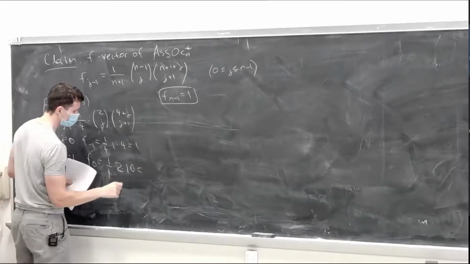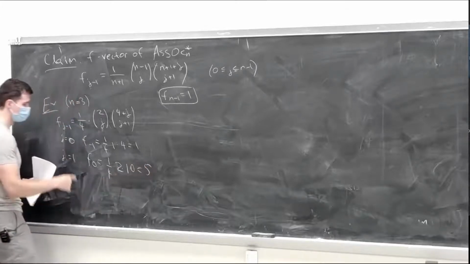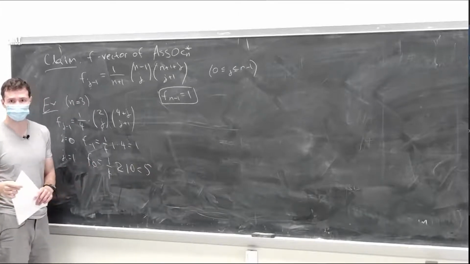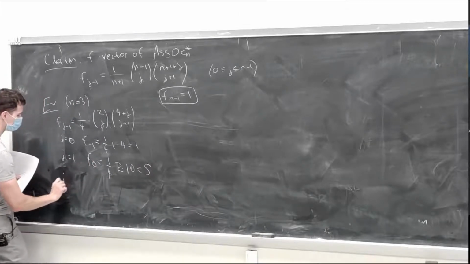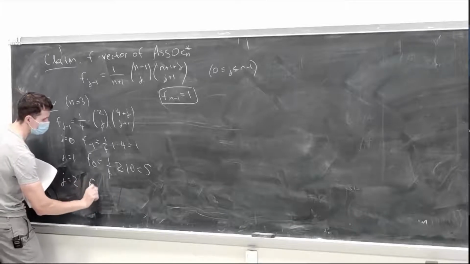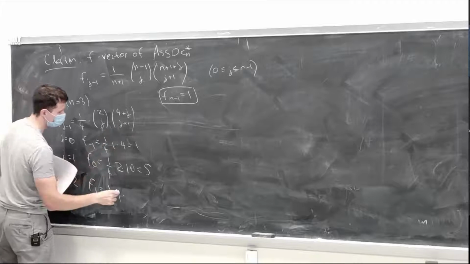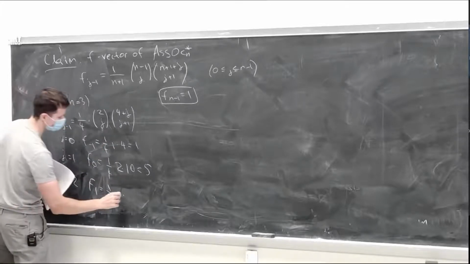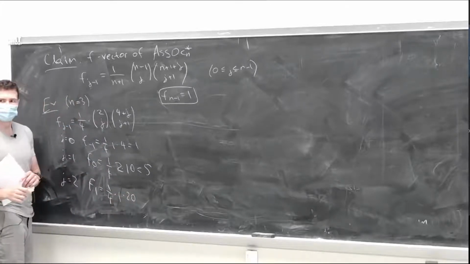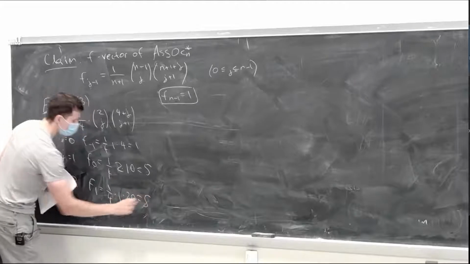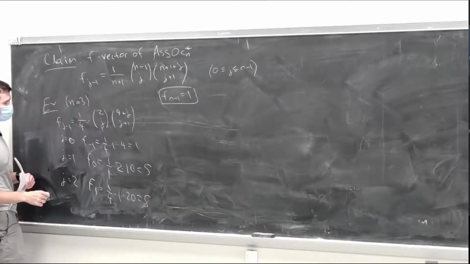You get 5. That's good. That's the number of vertices of the pentagon. So this formula works. f sub 1 is 1/4 times 1 times 6 choose 3, which is 20. So you get 5 as well. So that's the pentagon.